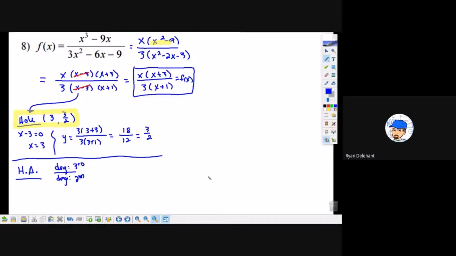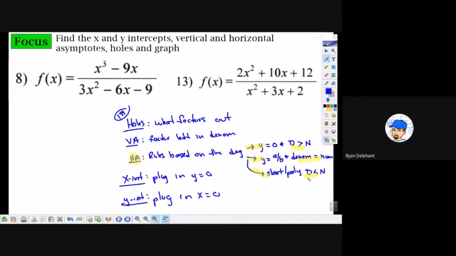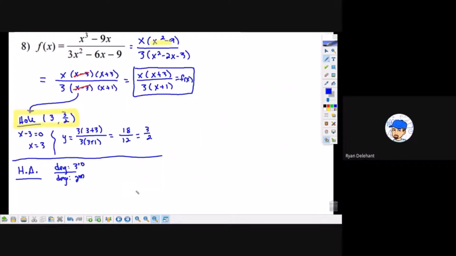Let's go back and look. So our numerator is bigger than our denominator, so that means this one should have a slant or polynomial. Eventually, I'll show you how you can actually find these equations once we get through what we start with this week. But right now, for this, just write, I know this thing is slant or polynomial.